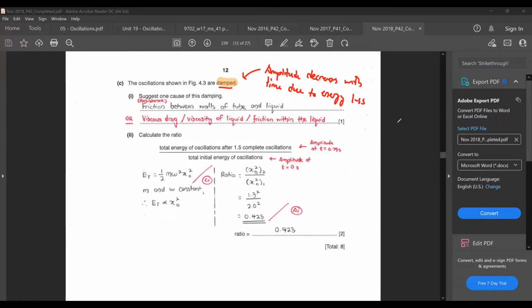A damped oscillation looks like this. Sorry, maybe I should just draw it properly for you. If you have something like this, this one is an undamped oscillation.